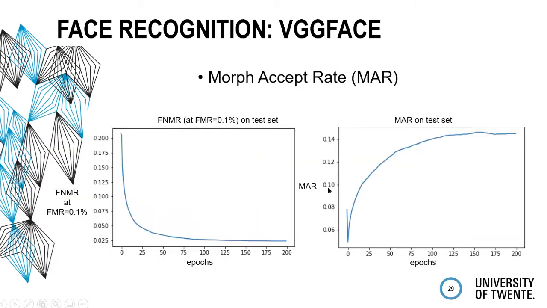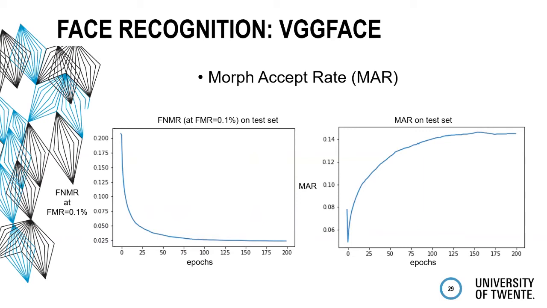But like I mentioned, we need this new metric, which I call the morphing accept rate. And you see that while during training the separation of the two distributions gets better and better, at the same time the proportion of morphs that are accepted becomes higher and higher.